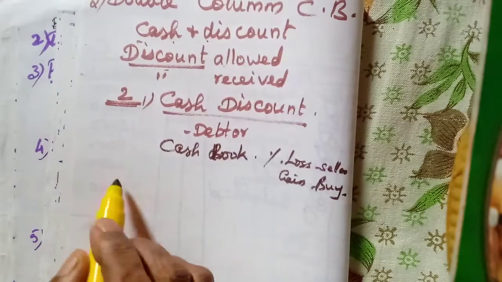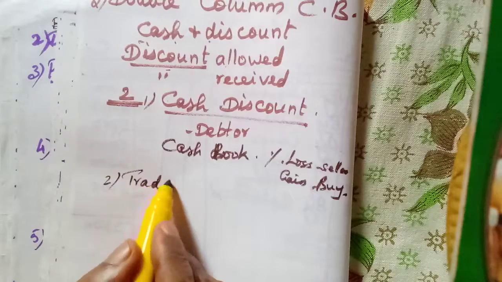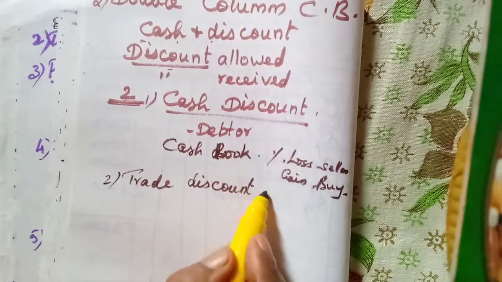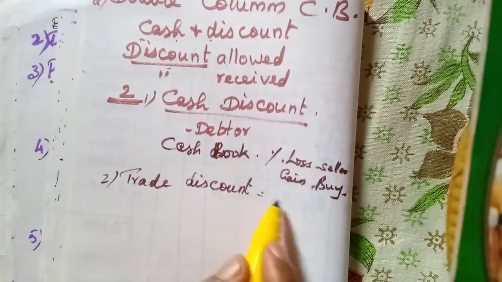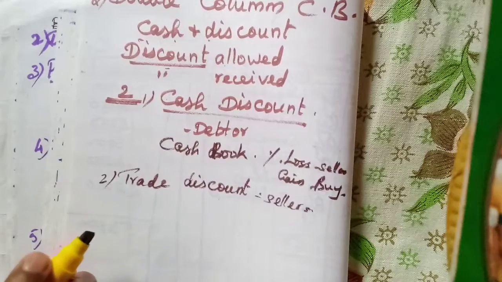Then the other discount is the trade discount. Trade discount is given by the seller only. Both the discounts are given by the sellers only.